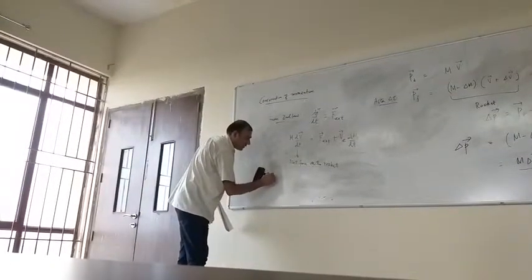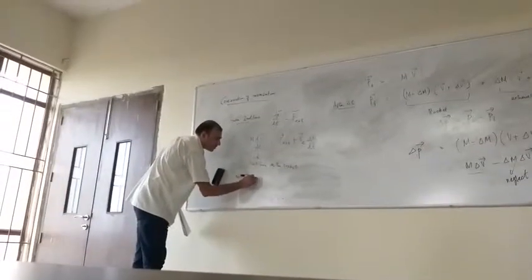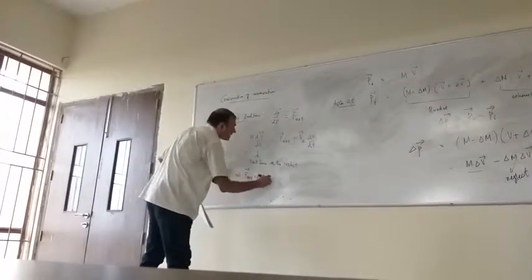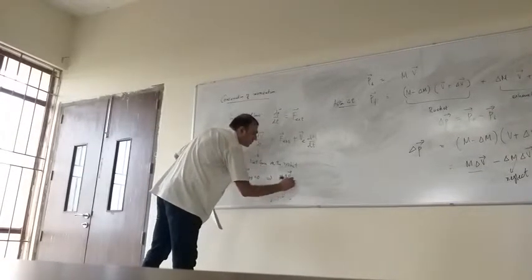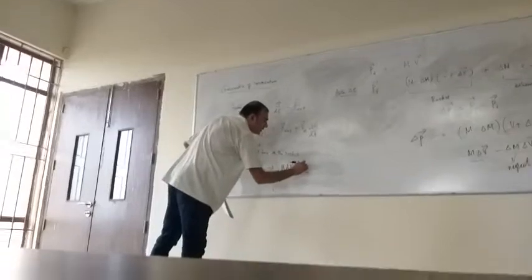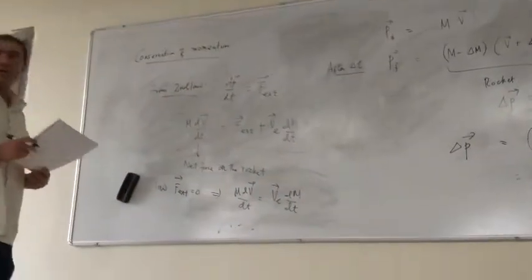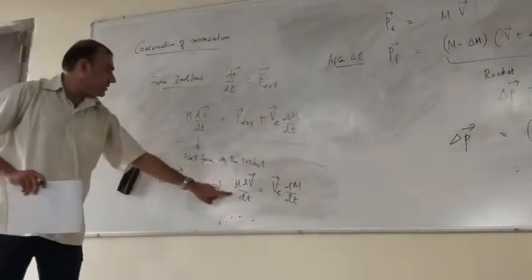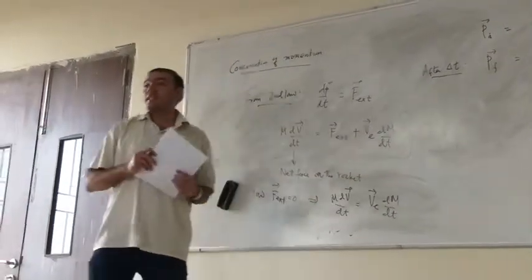So if the external force is 0, then you would just say that m dV/dT would be equal to V_e dm/dT. Right? So now m dV/dT would be the net force in the absence of anything external.